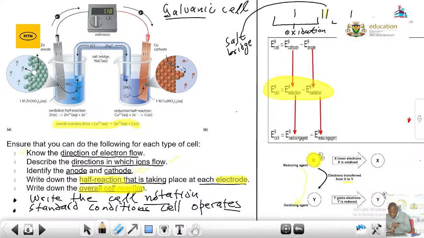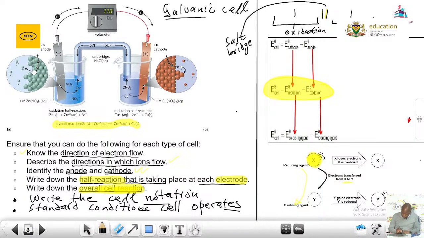The fact that I know it is oxidation, a loss of electrons, means the reducing agent will lose the electrons and the oxidizing agent will gain the electrons. So my electrons will move from my reducing agent to my oxidizing agent. This becomes easy to follow, and it is a nice summary that one can use.